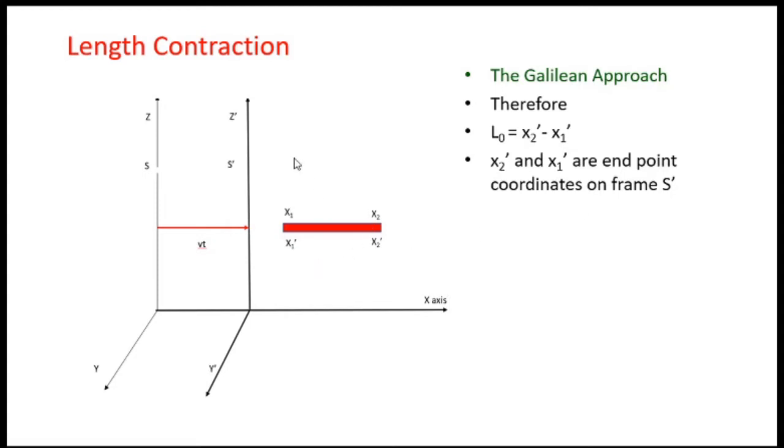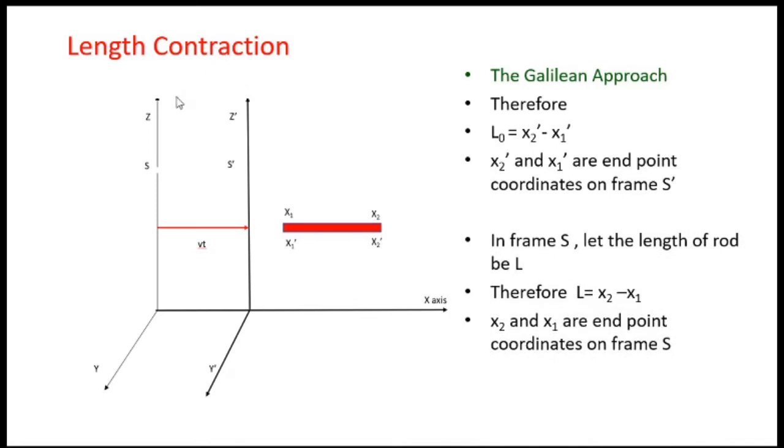So if you take the difference between them, you get the length L0 of the rod in the frame S dash.